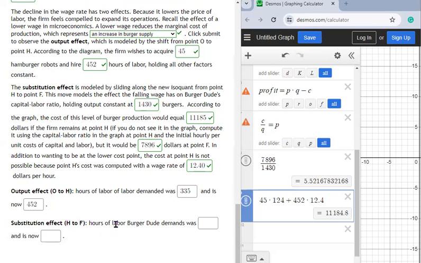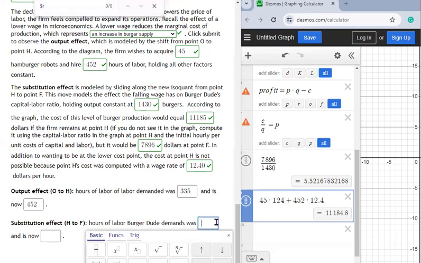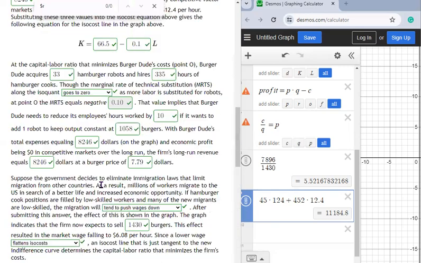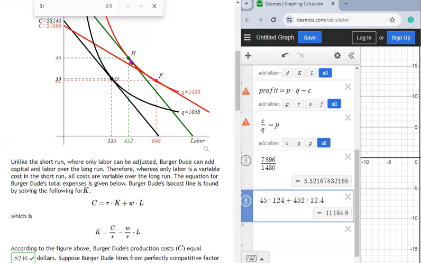So hours of labor demanded at point H is 452, right? And because the wage falls, we're not going to demand 45 robots. We're only going to demand 32. And we're also going to demand 646 units of labor, right?